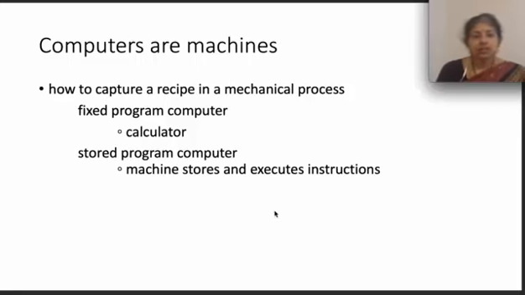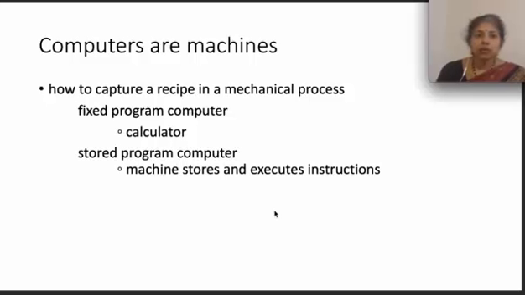So it is again two varieties. First is the fixed program computer and the second one is a stored program computer. A fixed program computer is nothing but your calculator, and you cannot deviate much in a calculator, just making use of the built-in functions.